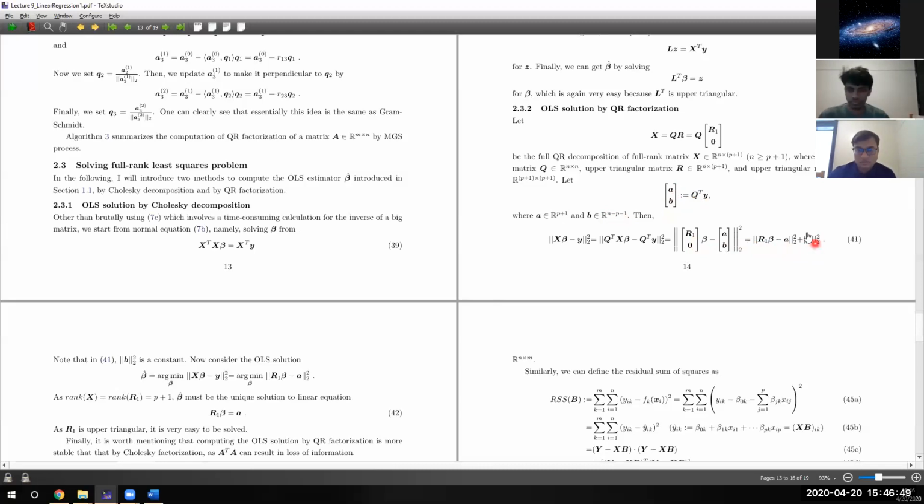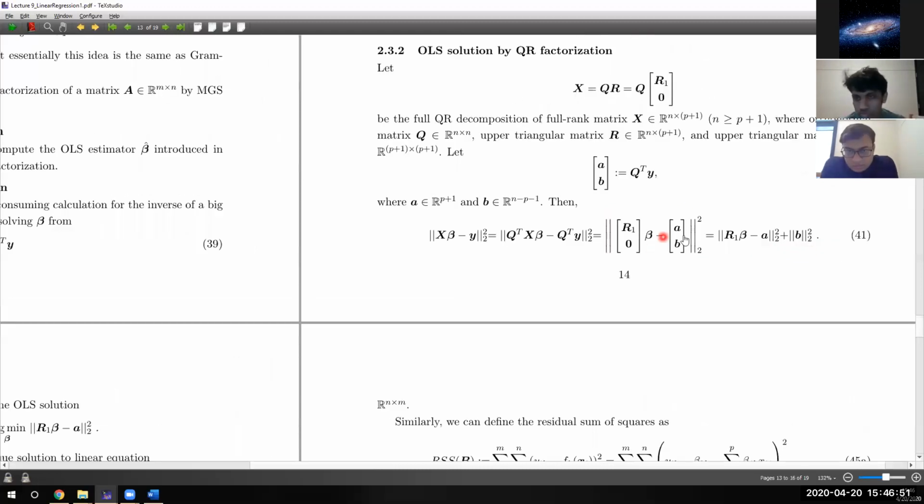By the way, do you have any questions? Why from here to here? This should be very clear, right? Any questions from here to here? Very clear, okay? Because you just put them there as a block matrix.